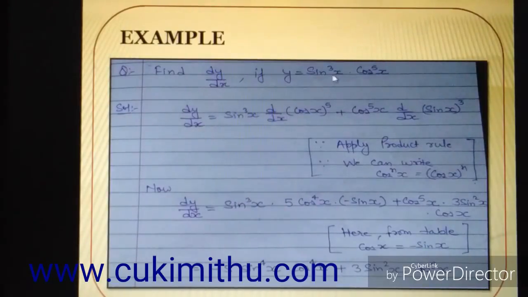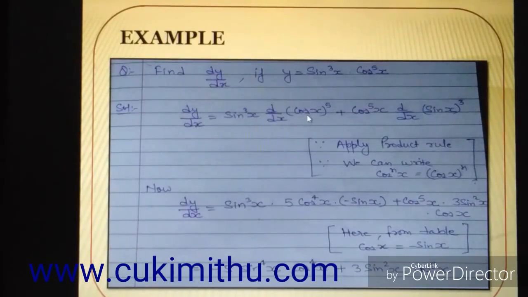There are two functions, sine cube x and cos 5x, in product form, so we apply the product rule. The product rule says take this constant and the derivative of this, plus take this constant and the derivative of this. So sine cube x into the derivative of cos to the power 5x.